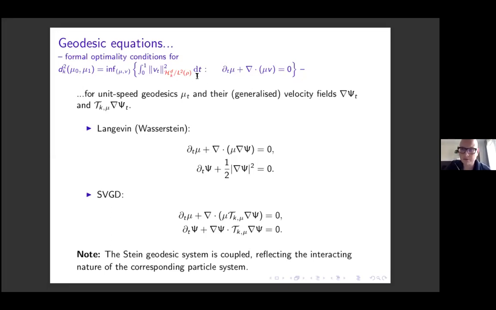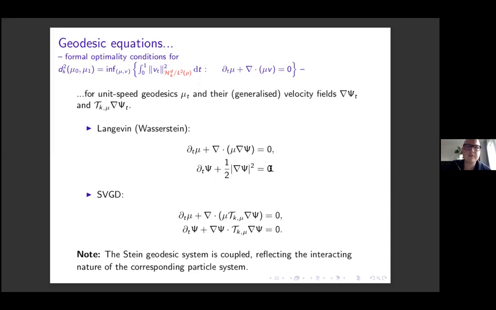We're looking for a curve of probability measures that connects these two measures. These can in fact be computed by looking at formal optimality conditions for this minimization problem. This has been done for the Langevin case.